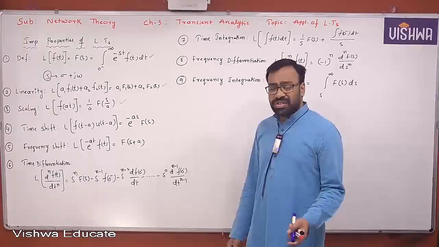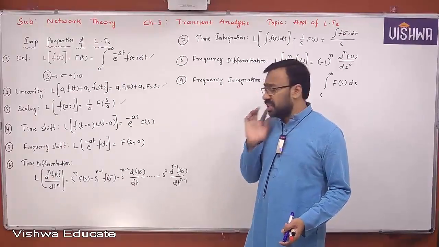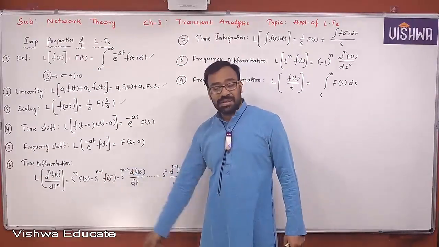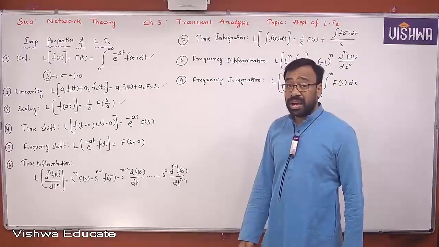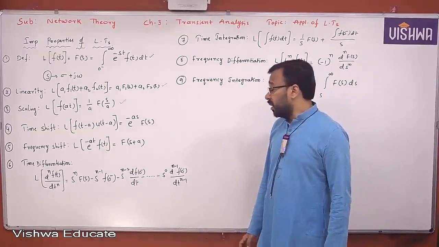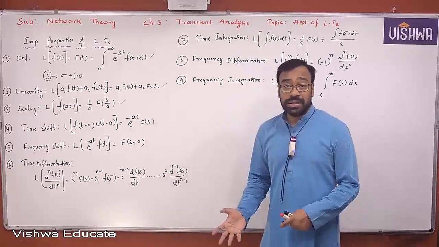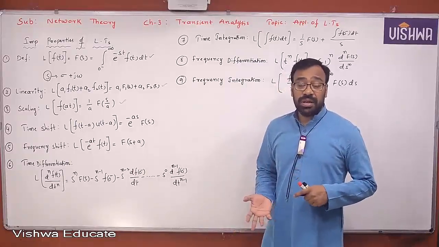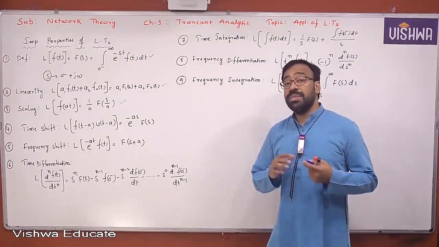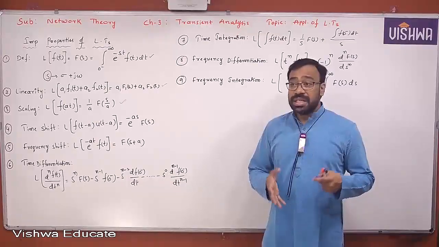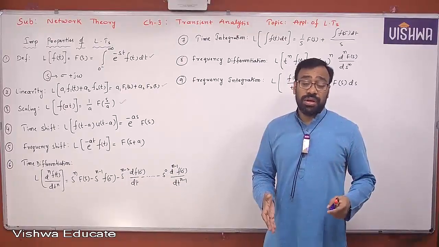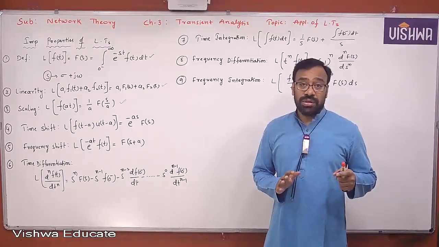We are supposed to use 0 minus conditions here. In most network textbooks, people indicate 0 plus, but be careful. Better use 0 minus conditions, because there are certain cases where 0 plus conditions may not be the same as 0 minus conditions. There are some special problems involved in solving networks.